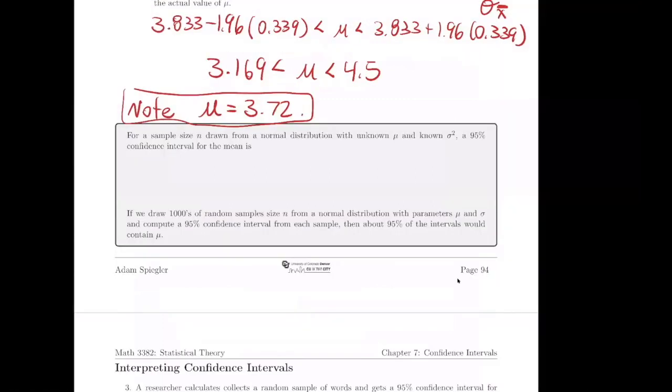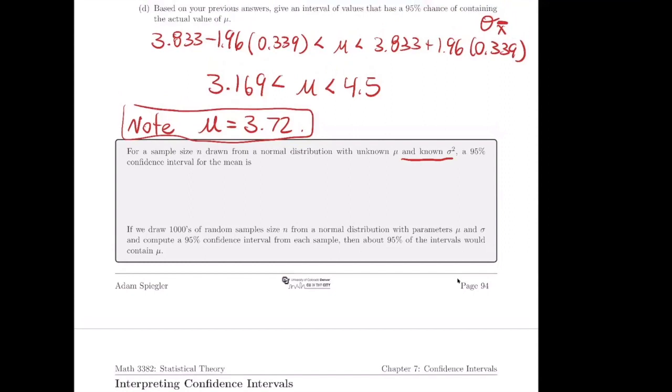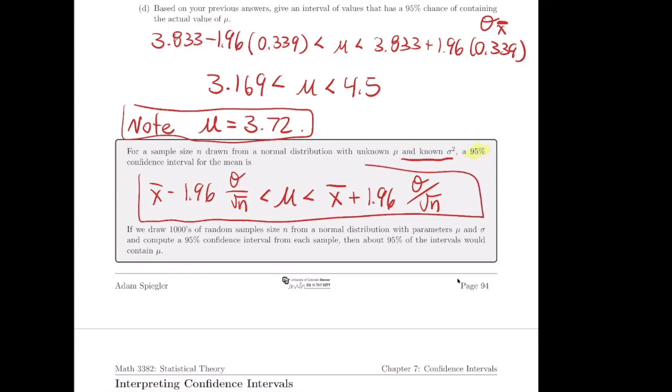In general, if we want to approximate a population mean, and we happen to know what the variance of the population is, then at least for a 95% confidence interval, what we did above is we take our sample mean, and we have a nice general formula for doing this.